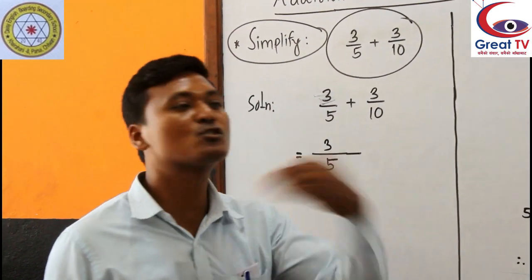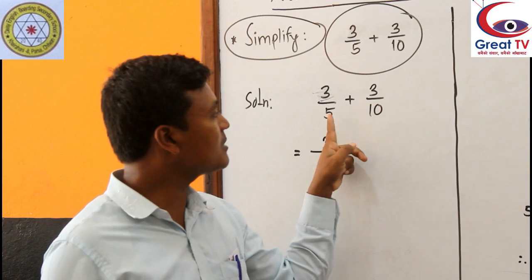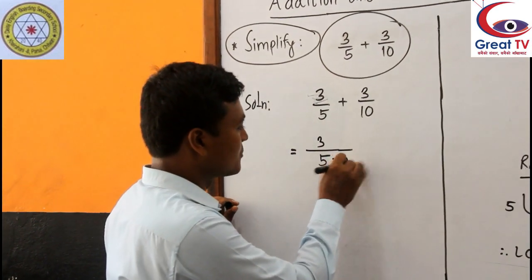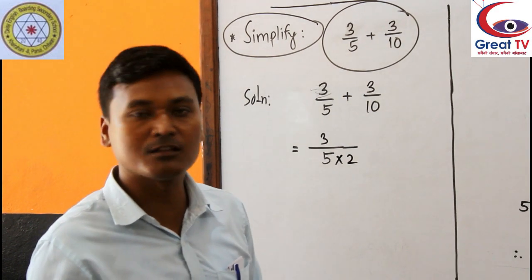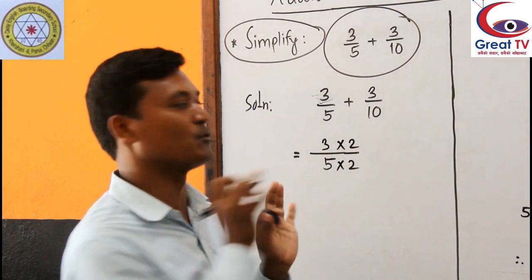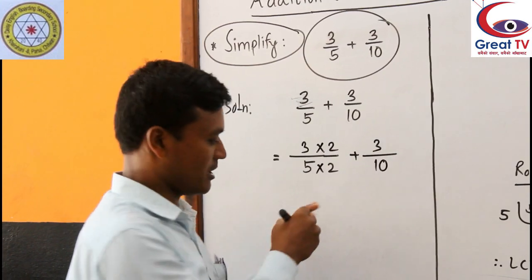You know 5 2s are 10. We have to make the first denominator equal to 10 because LCM of 5 and 10 is 10. So 5 times 2. If we multiply denominator by the number 2, we must multiply numerator also by the number 2. Plus, next fraction we have 3 upon 10.